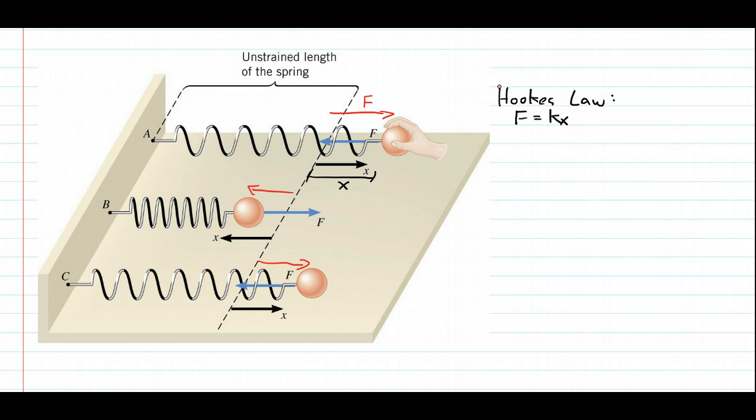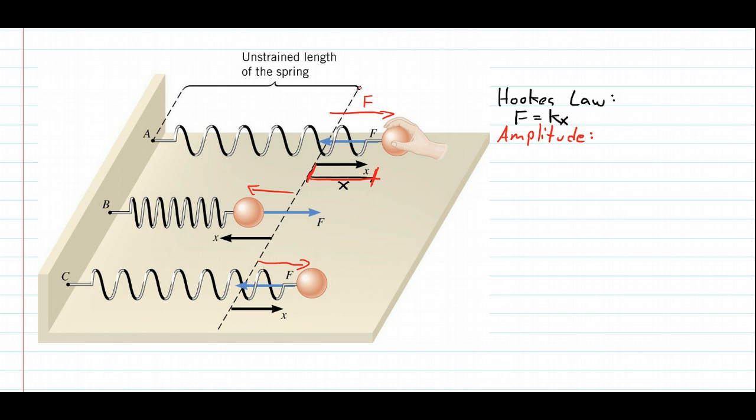So the next important term that we want to talk about is amplitude. So amplitude is this distance x right here of how far we stretched the object from its equilibrium position or its starting position.